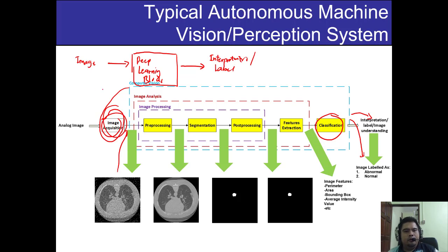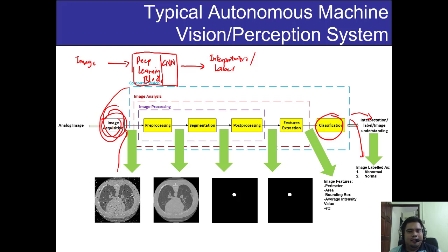So if you go through any deep learning course, you find out nowadays there's one deep learning approach called CNN. The input is an image, the output is the interpretation or label of the image.